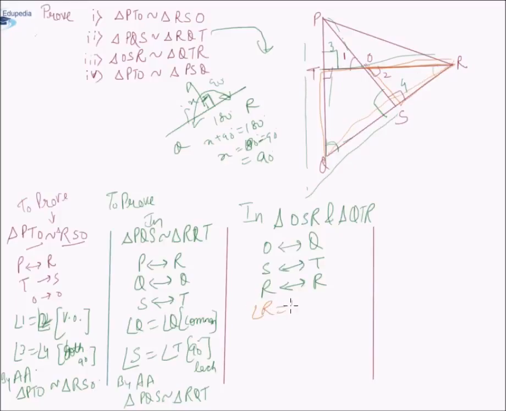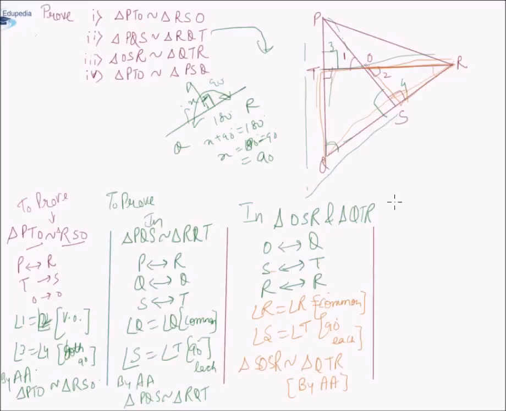So we can say that angle R is equal to angle R because it is common in both the triangles. And for vertices S and T, S of OSR and T of QTR are both 90 degrees each. So thus we can say that triangle OSR is similar to triangle QTR by AA criteria.